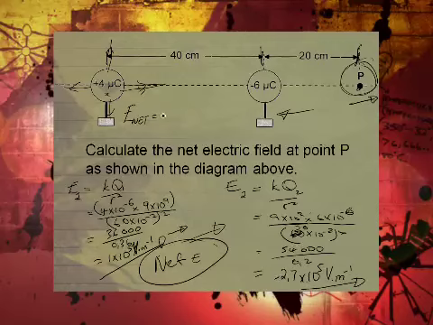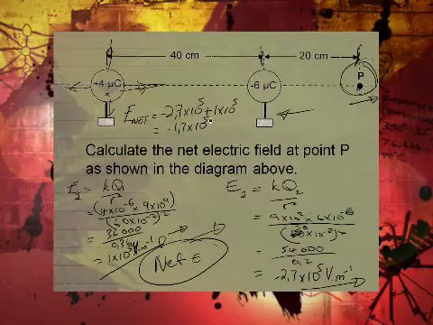Okay, so let's say it's going to be minus 2.7 by 10 to the power 5. You add them together. This is going to be 1 by 10 to the power 5. And what will this be? This is going to be minus 1.7 by 10 to the power 5 volts per meter.